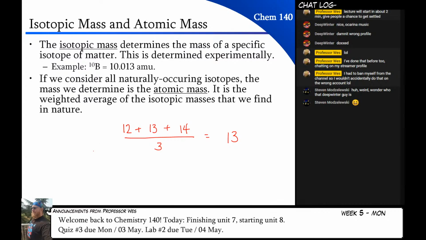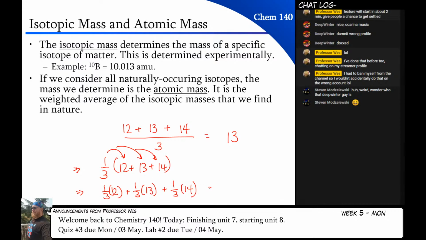Now, we can rewrite this formula like this. That's the same thing, right? And then I can distribute this 1/3 into each term, and I would get something that looks like this. And these would all still equal 13, right?